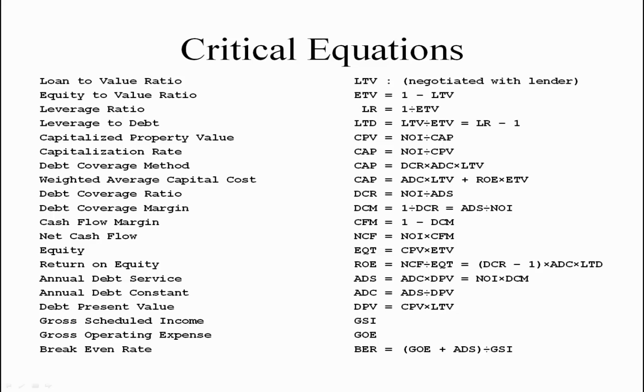Critical equations. Weighted average capital cost. Capitalization rate, CAP, equals net operating income divided by capitalized property value.